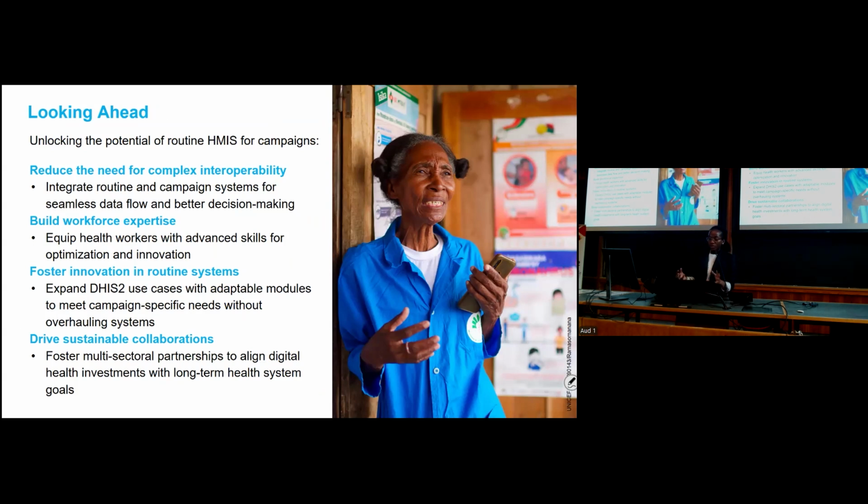It might just be easier for them to integrate the same systems where they have more capacity to do that. And then they continue to build their workforce expertise, making sure that there's communication between the technical teams and the programs teams, allowing them to innovate as much as possible. Not to say they can't use other systems, but use them in a way where they have the maturity to do that. And then, of course, just drive collaborations.